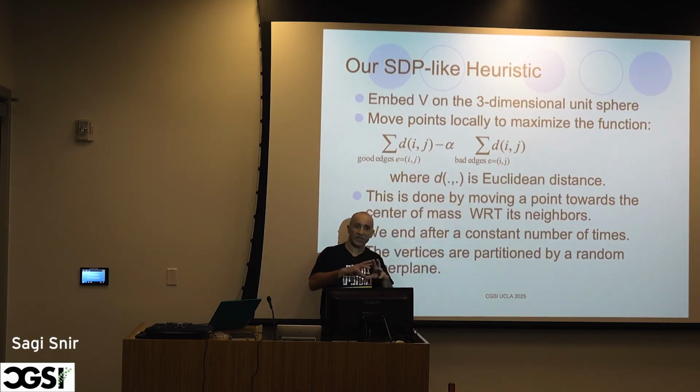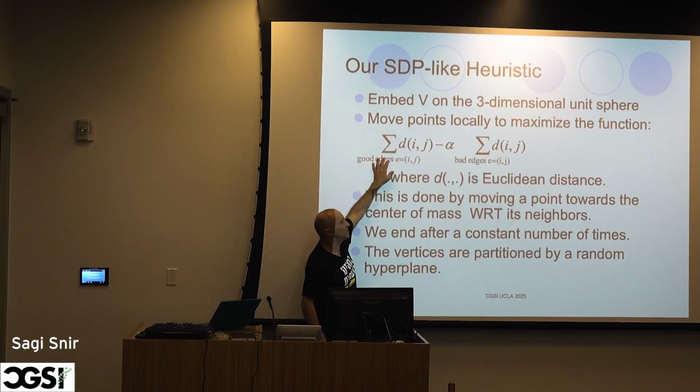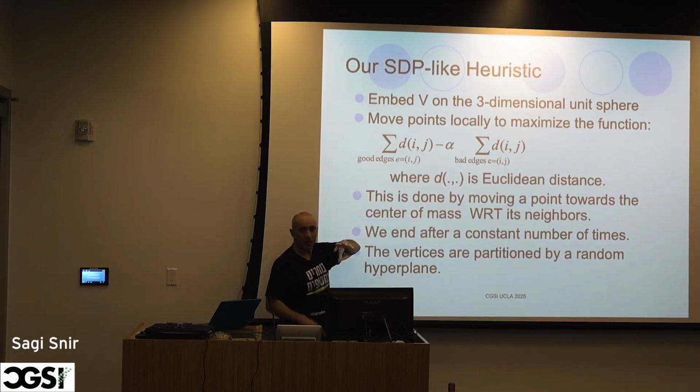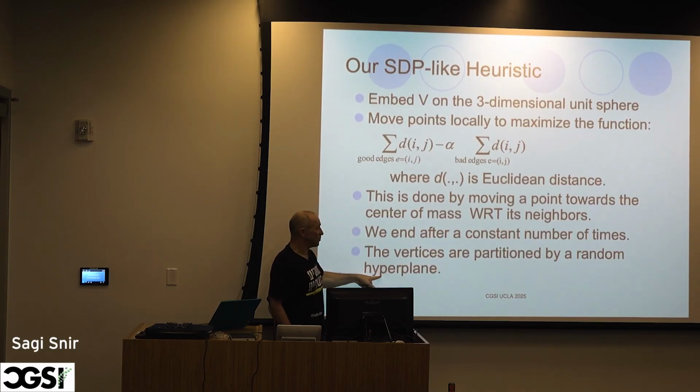D is the Euclidean distance, so we put it on the Euclidean distance, and we solve that very fast with some heuristics here. There are heuristics that are destined to work on the continuous sphere, and vertices are partitioned by a random hyperplane.